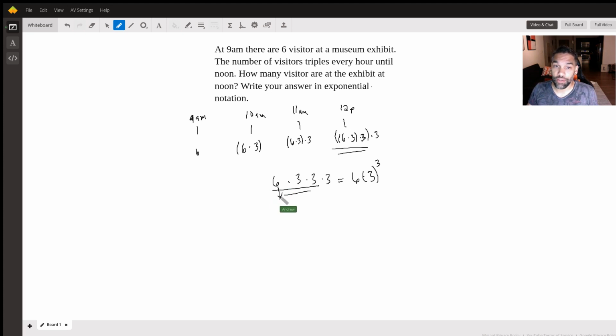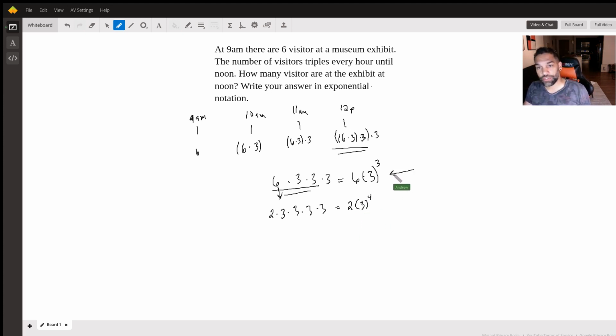Because 6 itself is a multiple of 3. In other words, 6 is 2 times 3. So if we separated this the same way, 3 times 3 times 3, we could also write this as 2 times 3 to the 4th.